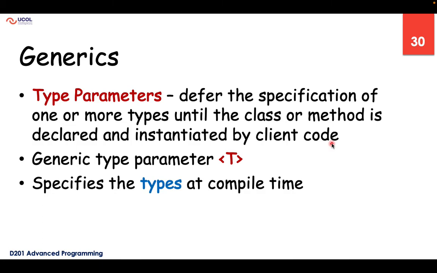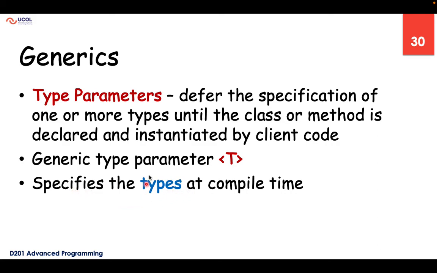Actually, what the type of the variable or the type of the parameters will be is deferred till compile time. Once we are using that specific object, we can tell what type the array list or the sorted list holds. In a sorted list we can have multiple elements of different types, but normally that is not what we want, because we want to create a collection of the same type of elements.